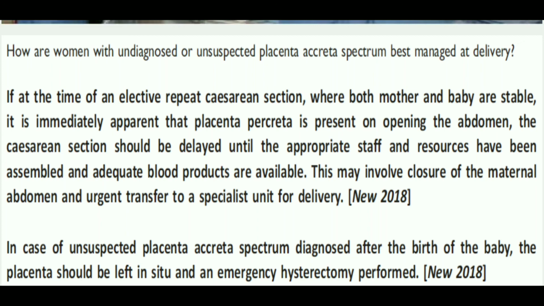So what we have to do, the cesarean section should be delayed until appropriate staff and resources have been assembled and adequate blood products are available. So we shouldn't go for cesarean section as soon as possible. Cesarean section can be delayed a little bit if the mother and the baby are stable. And this involves the closure of the maternal abdomen and urgent transfer to a specialist unit for delivery.